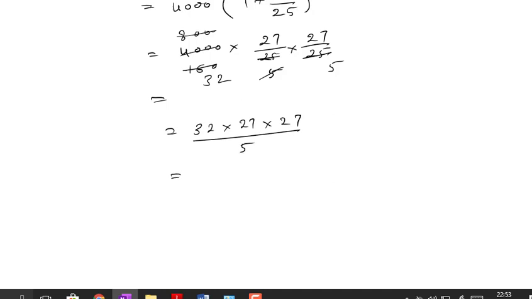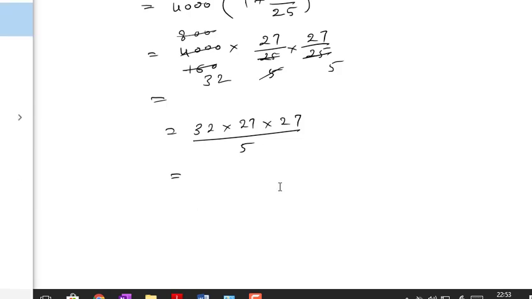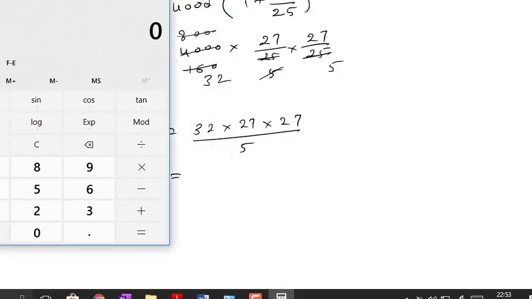Now I use a calculator here, but you are supposed to solve with manual calculation only. So here what we are getting? 32 multiplied by 27 multiplied by 27 whole divided by 5.